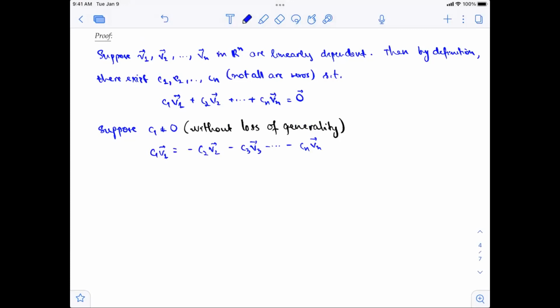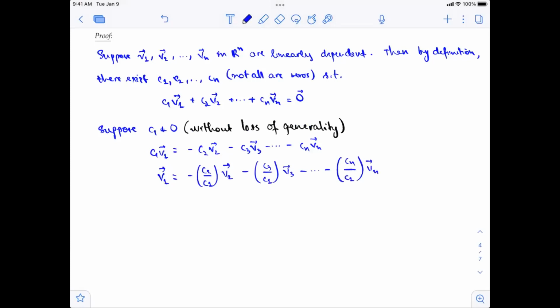Now what we do next is we divide both sides by C1, because we assumed that C1 is different from 0, so the division is possible. Right? So now V1 is equal to negative C2 over C1 V2 minus C3 over C1 V3 minus dot dot dot up to Cn over C1 Vn.